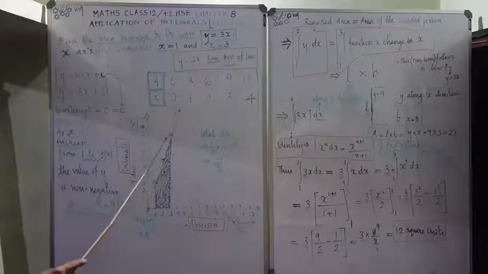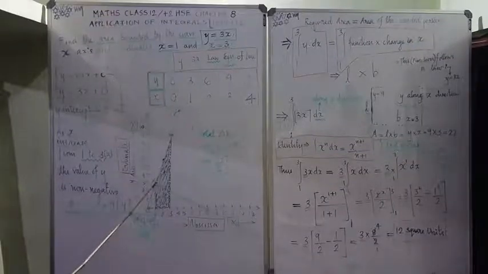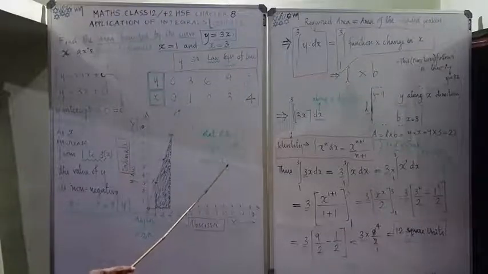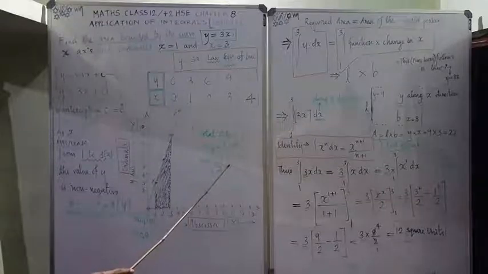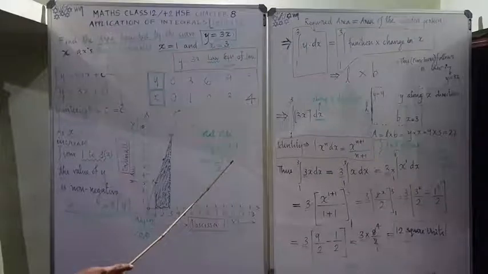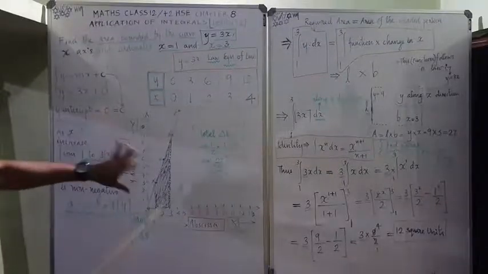That means 27 by 2 is the big triangle, minus half into 1 into 3, that is the small triangle, which is 3 by 2. That means 24 by 2 should be the area of this region, which is 12 square units. Isn't it true? This is verified over here.